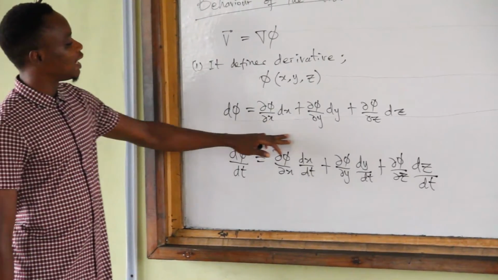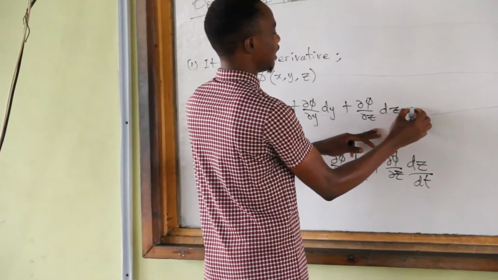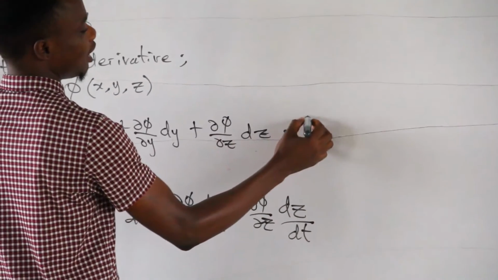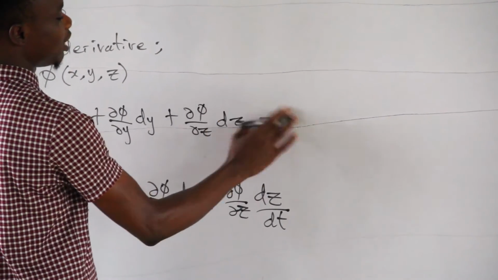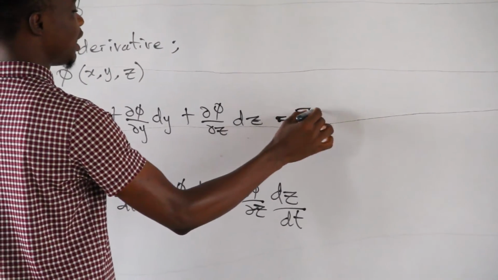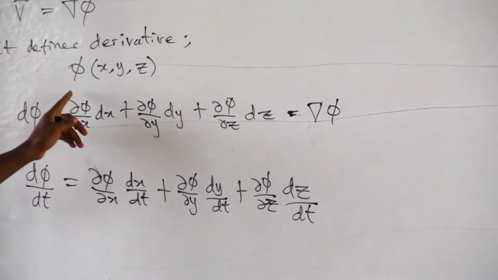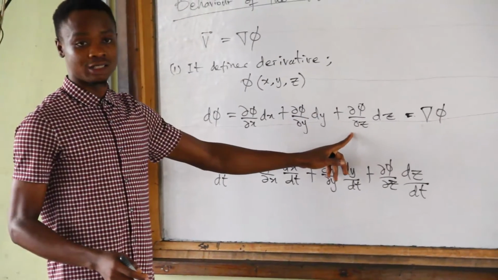But actually, what do we have here? I can also write this expression as nabla phi. Nabla phi has components del phi del x, del phi del y, del phi del z.